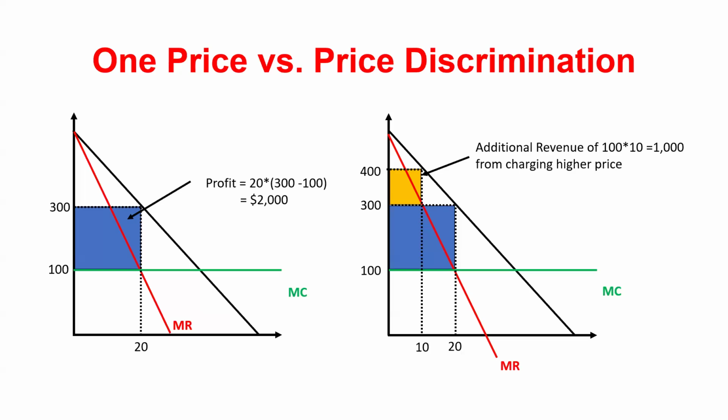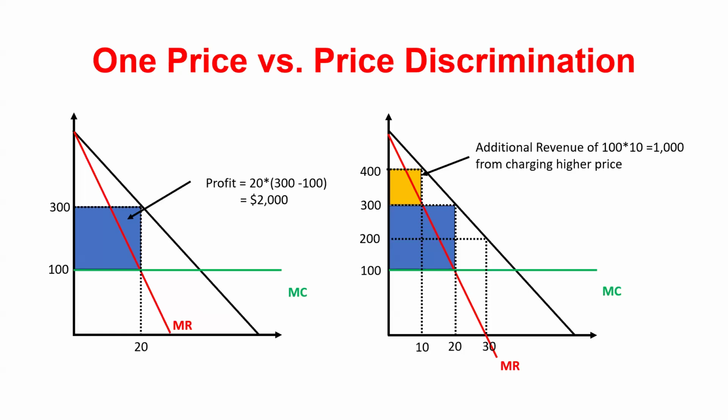Right? I could increase my profits by what? If I'm charging the first 10 consumers $100 more, I can increase my profits by $1,000. Now, I still sell those next 10 consumers at the same price as before, so I'm making the same amount of money off of them. However, as a single price monopolist, I didn't sell to anyone past this 20th consumer. If I can figure out that I could sell to maybe seniors if I offer them a discount, a lower price, maybe they will now buy my product, so I can sell to 10 more people if I can figure out what that group is and offer them a lower price.